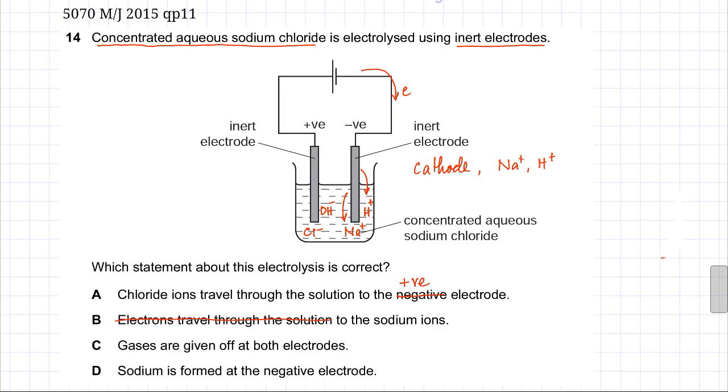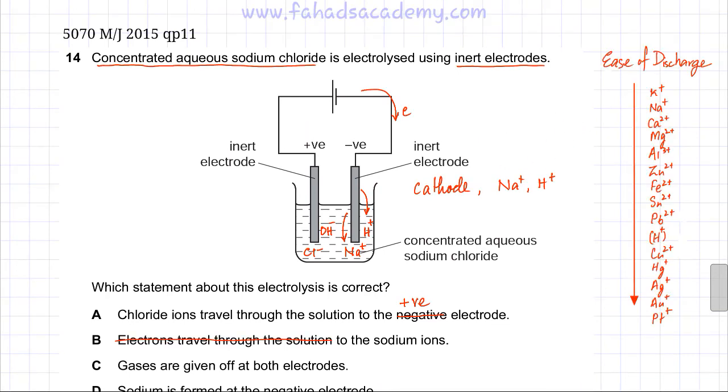Now to figure out whether H+1 or Na+ is gaining the electrons coming from the battery, I need to look at the ease of discharge series, or the reactivity series, to figure out which of the two would actually end up gaining electrons. I've written down this reactivity series. The lower down in the reactivity series, the more unreactive the metal, the higher the tendency for the ion to gain electrons.